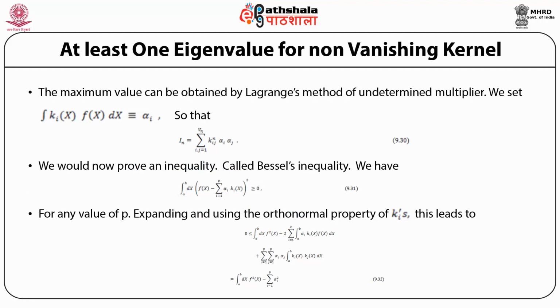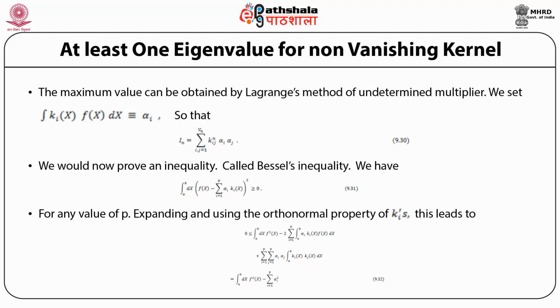Then the integral I_n is written as a sum over i and j from 1 to v_n of K_ij^n alpha_i alpha_j. We will prove an inequality which is called Bessel's inequality. We have the integral dx from a to b of the square of f(x) minus the sum from i equals 1 to p of alpha_i psi_i(x), which is greater than or equal to 0 for any value of p.